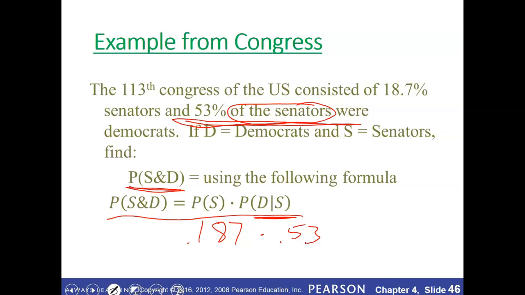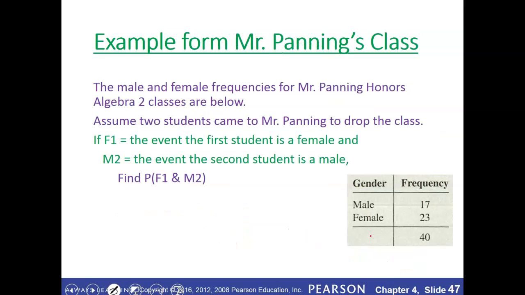And what I would get is 0.0991, which means that really close to 10% of all congressmen are going to be senators who are also Democrats.